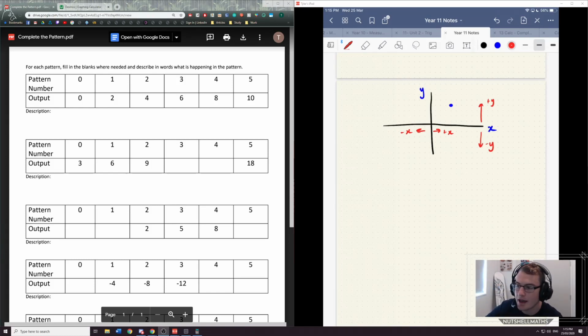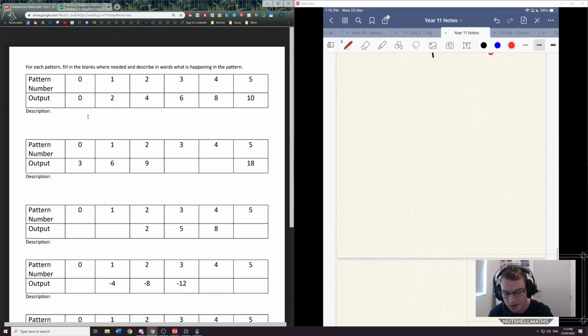Right, can you please complete this pattern here? Have a look at this thing over here. Now, if you're on my Google Classroom, you'll see it already. But let's very quickly set this up.